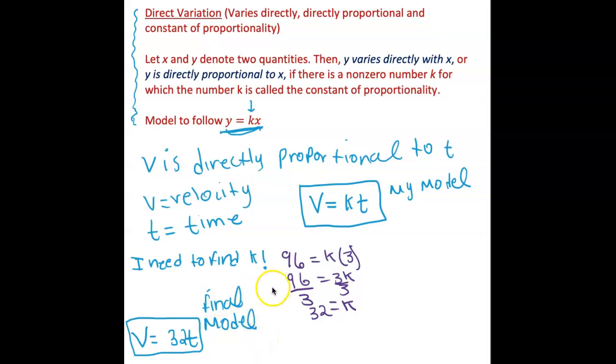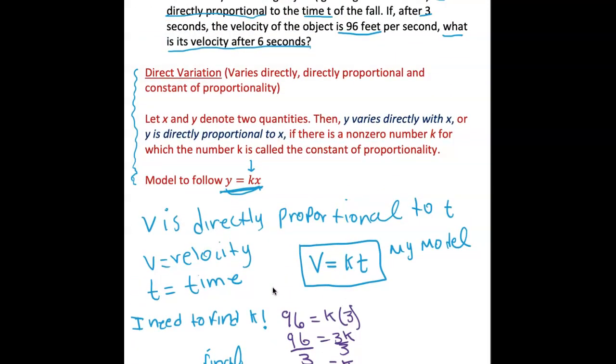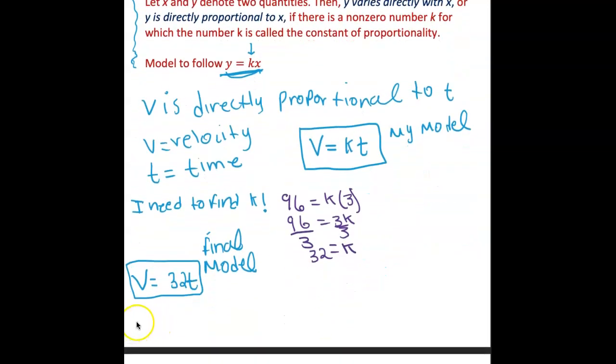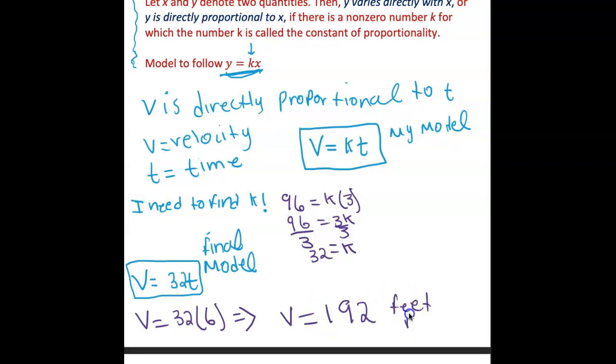In this case, the problem said they want to know the velocity after 6 seconds. So I'm going to go ahead and substitute the 6 seconds for t and see what is the velocity. And that gives you 192 feet per second.